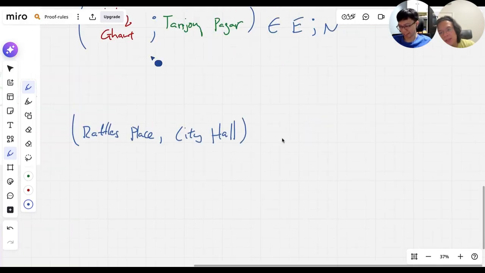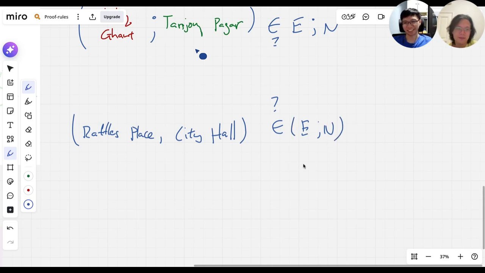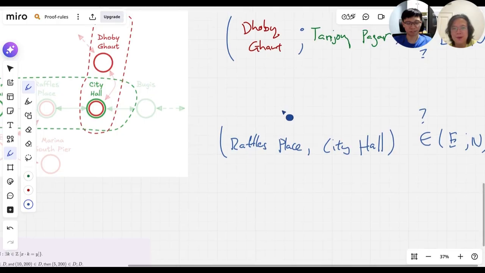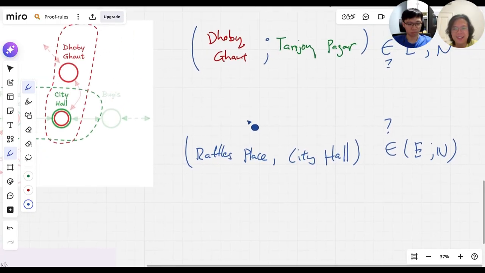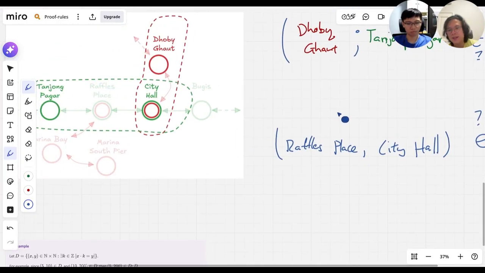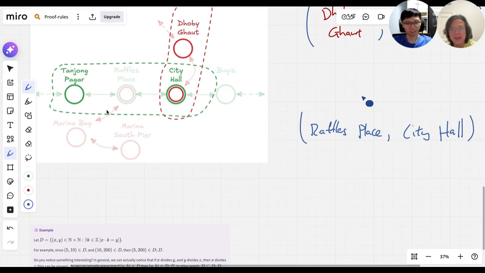Is this in E compose N? Yeah, this is allowed because Raffles Place is indeed in E and City Hall is indeed in N. Even if they're in both, the point is that you can probably find a middle guy. So you can actually pick anyone, to be honest, based on this definition.